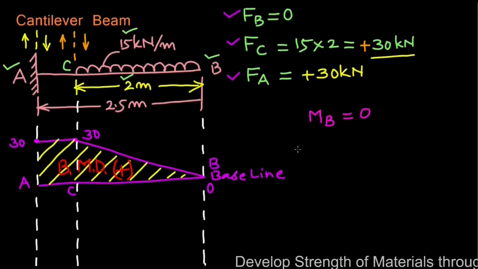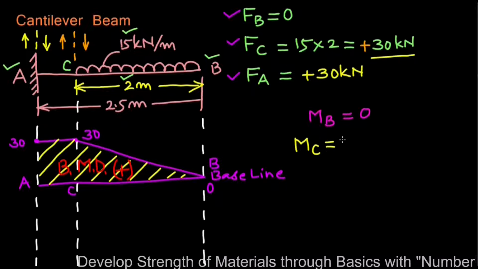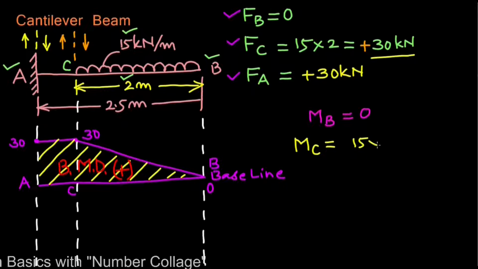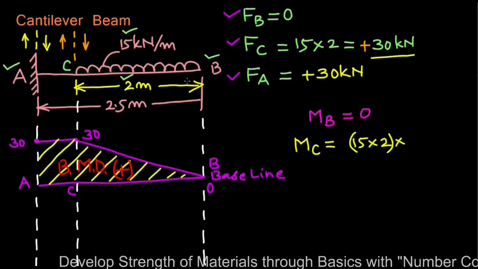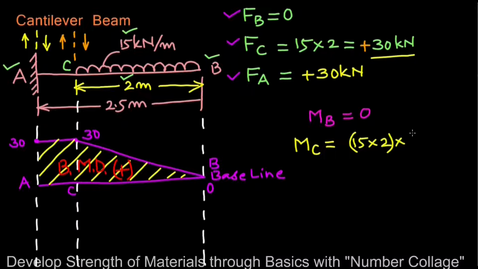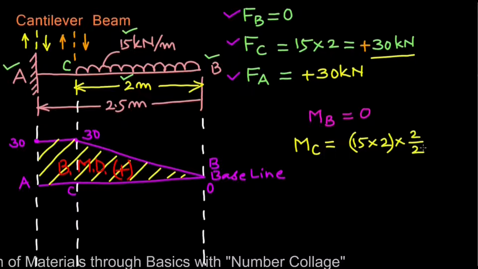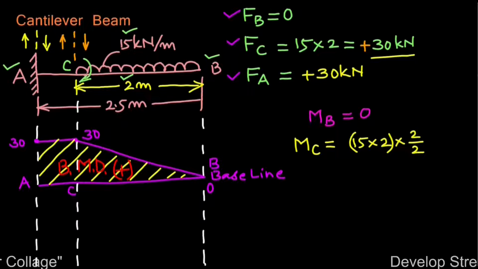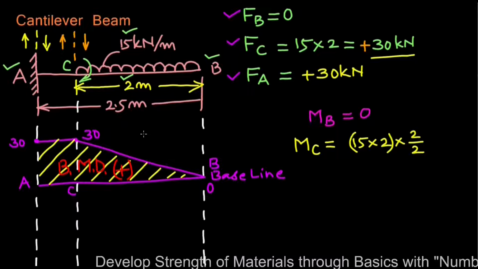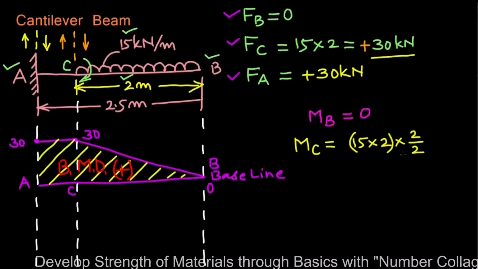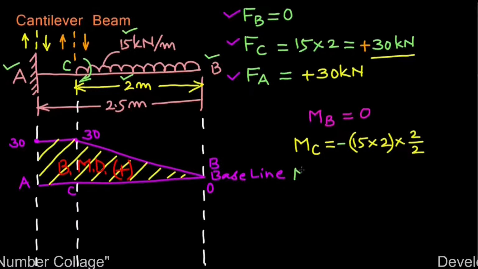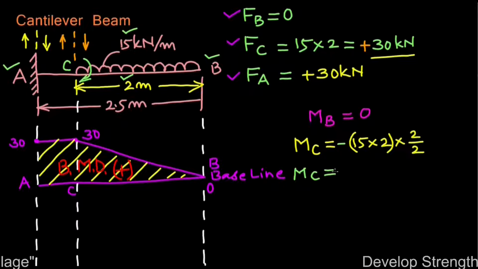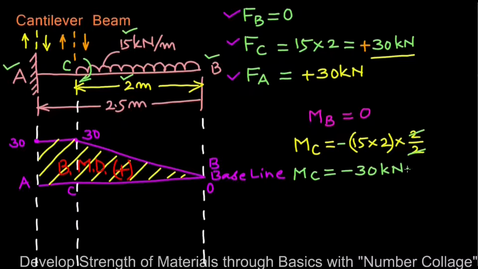Bending moment at point C, MC, will be the UDL 15 multiplied by the span of UDL, which is 2, multiplied by the midspan of BC, which will be 2 divided by 2, and there will be a clockwise moment on the right of point C due to the vertical load. It will be minus. So the bending moment at C, MC, will be minus 30 kilonewton meter.